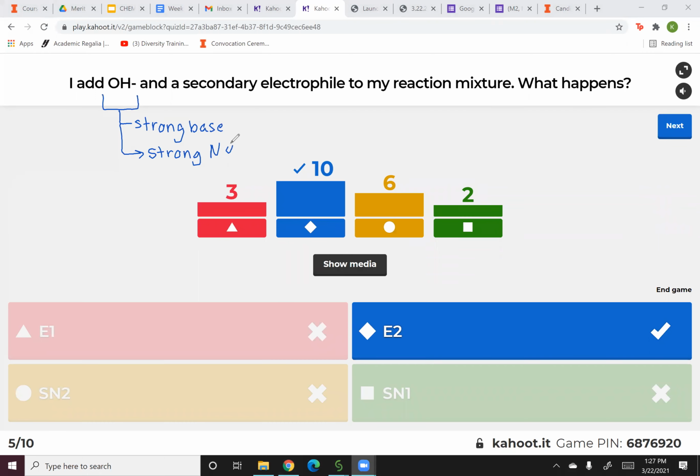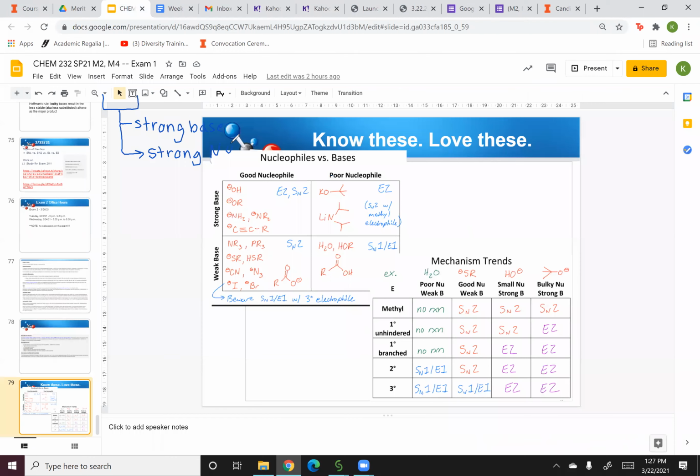If we go back and look at those charts, we see that if we have a good nucleophile and a good base, which is this row right here, and we have a secondary electrophile, we will have E2 taking place here. So this mechanism will be E2.